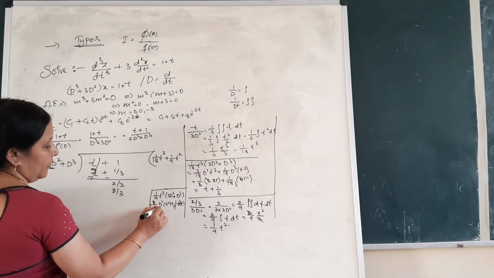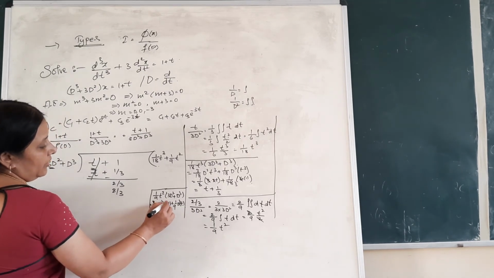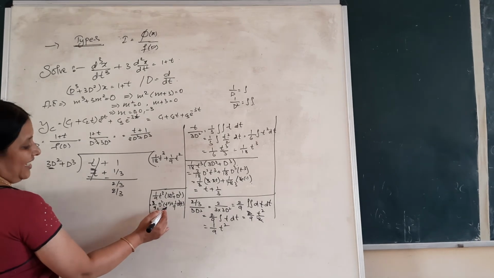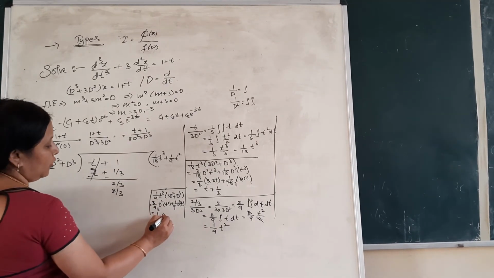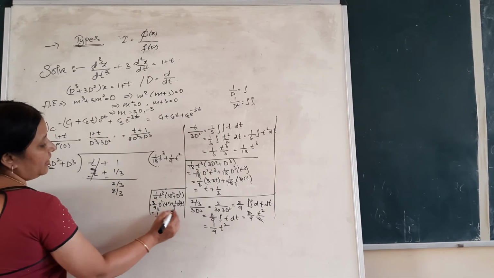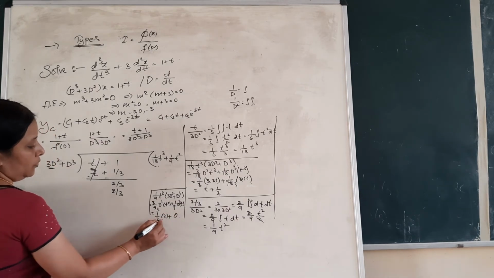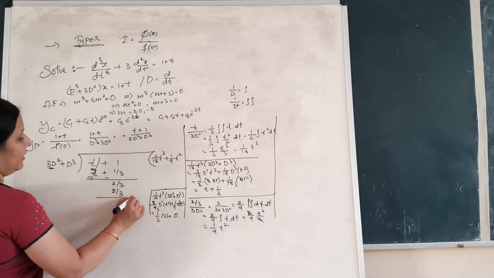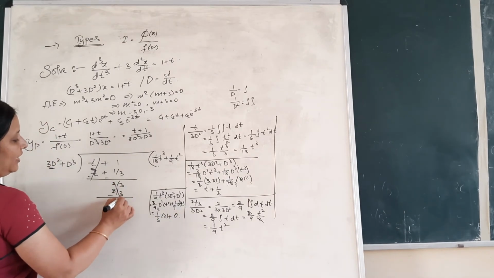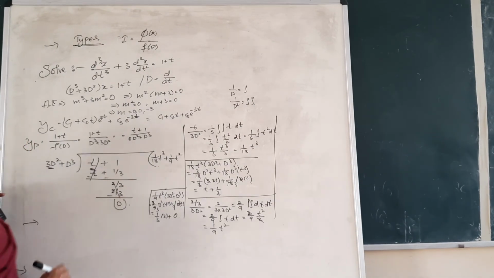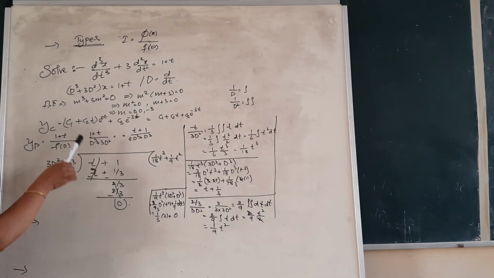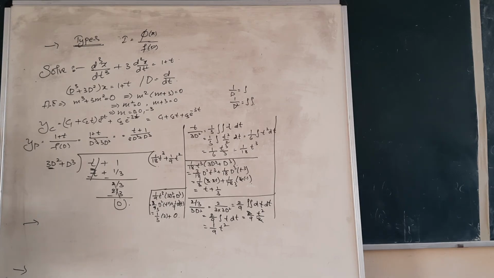So this is going to be 1 by 3. First derivative is 2t, second derivative is 2, so you are going to get 2 by 3. And further differentiating 2 you get 0. So this is going to be 2 by 3. That's how you get it. Now subtracting it, we get both of them cut. The remainder is 0. We have to apply the long division till we get 0.